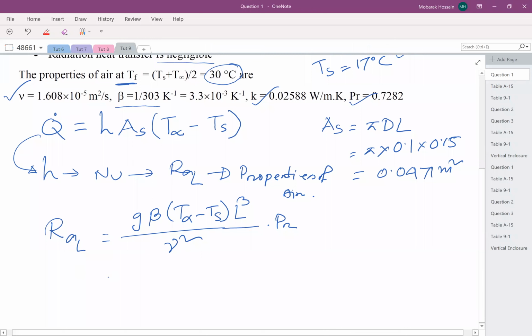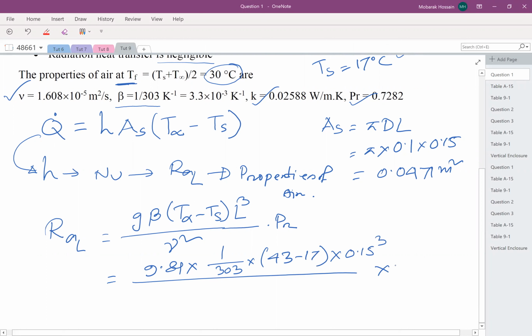Now if you use all the values here, 9.81, 1 over temperature in Kelvin, then the temperature difference is 43 minus 17, length of the can is 0.15 meter cubed, Prandtl number is 0.7282, over viscosity squared, 1.608 times 10 to the power negative 5, then whole square.